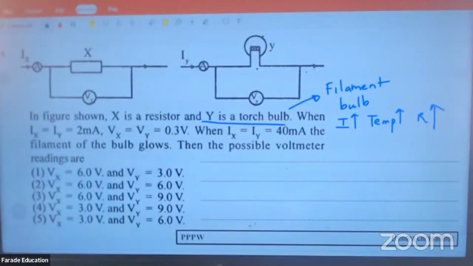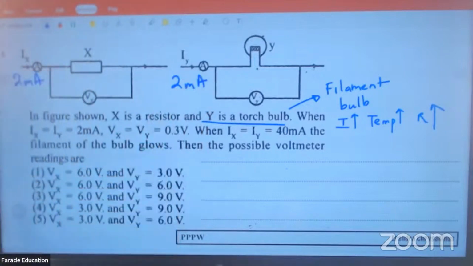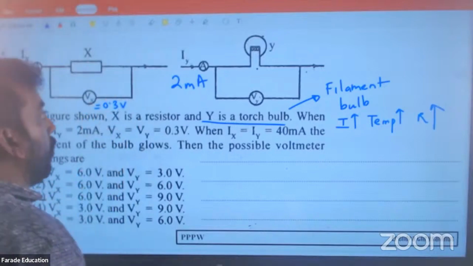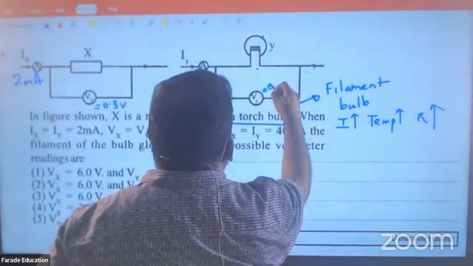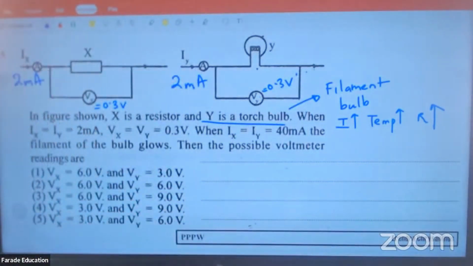They're telling you Ix is 2 milliampere, Iy is 2 milliampere, voltage across X is 0.3 volt, voltage across Y is 0.3 volt.